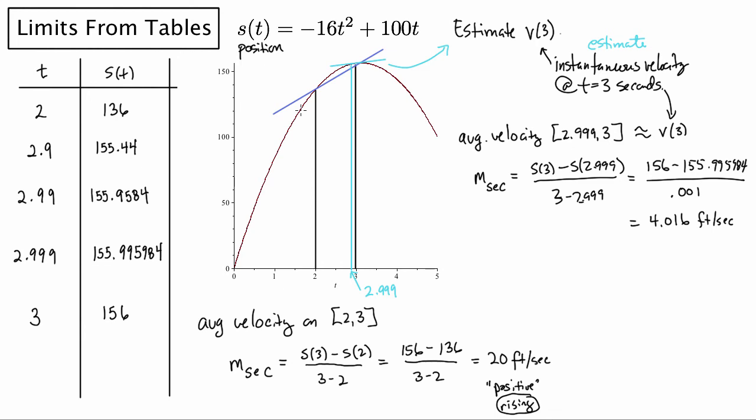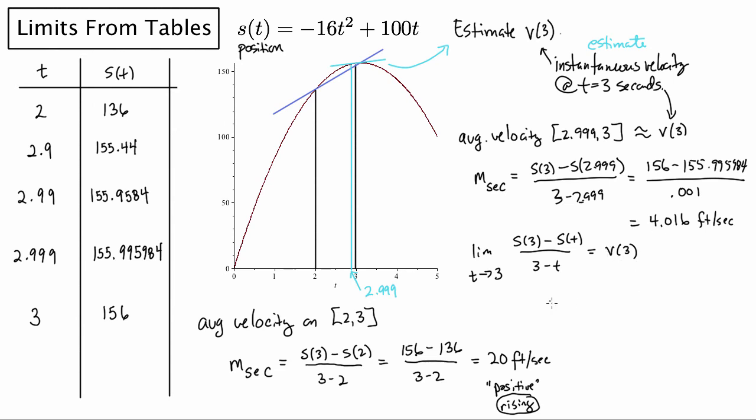Now, as we keep going with this problem, the idea here is that recall the limit as t approaches 3 of s of 3 minus s of t over 3 minus t is equal to the velocity at 3. And the closer t gets to 3, in this case t was 2.999, the better this approximation is.